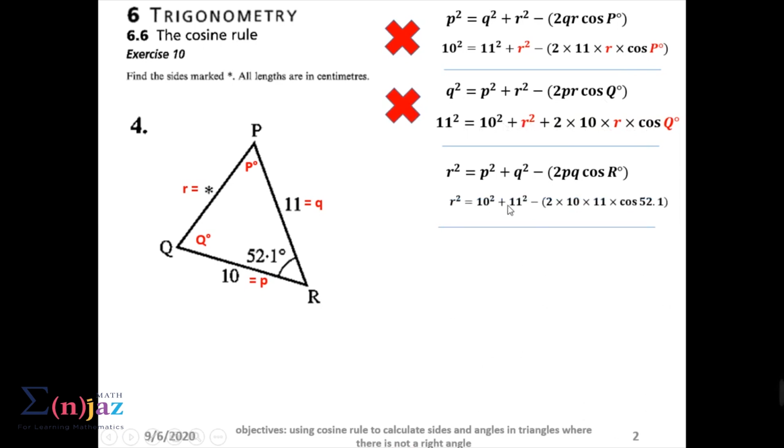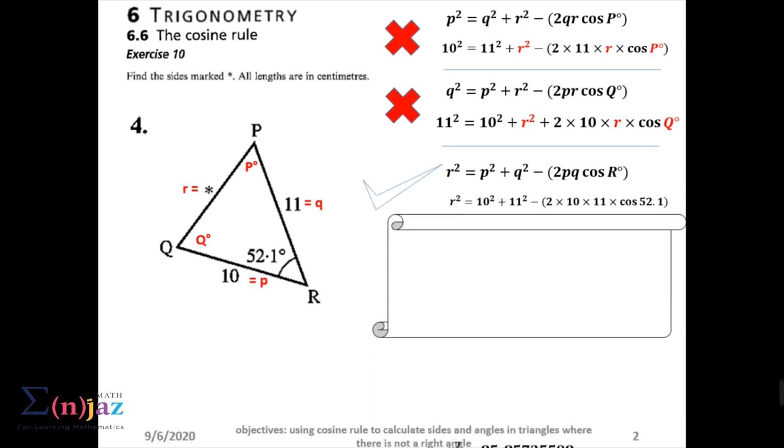The last one, R squared is equal to 10 squared, the other two sides, 10 squared plus 11 squared minus, inside brackets, 2 times 10 times 11 times cosine R capital, which is 52.1. This one can be inserted directly in the calculator and R squared is going to be 85.85.